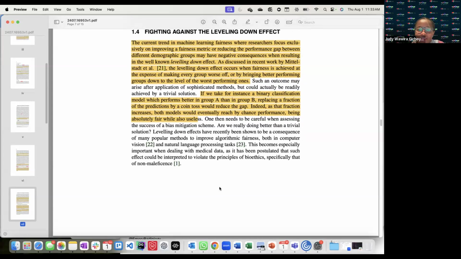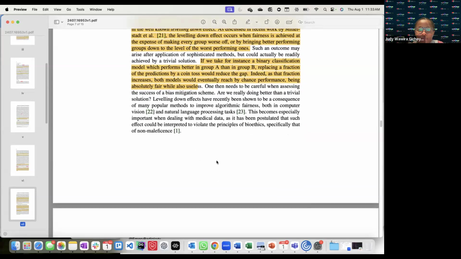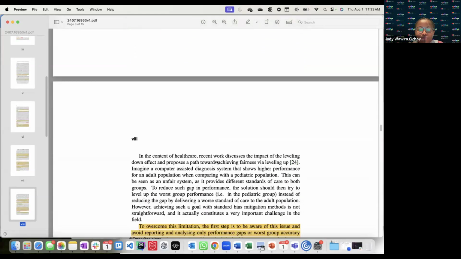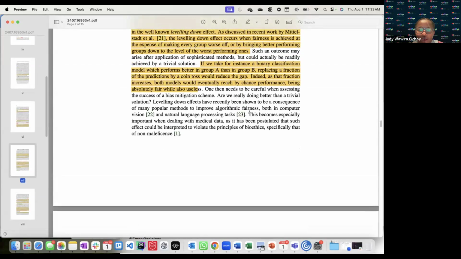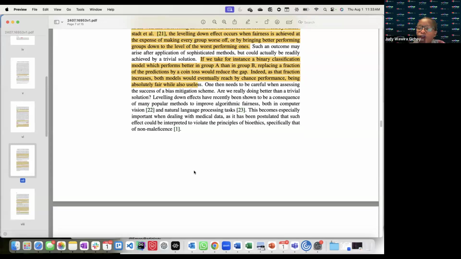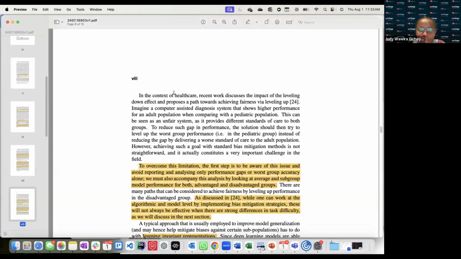So that's my thought process around the leveling down effect. And Enzo's team says that if you don't have a useful model, then you're breaking the principles of bioethics, one of which is non-maleficence, that you still have to have benefit.